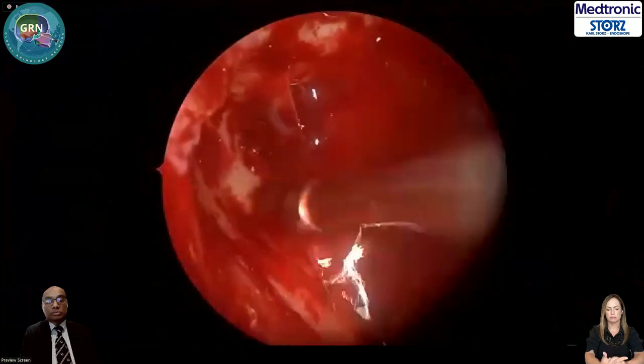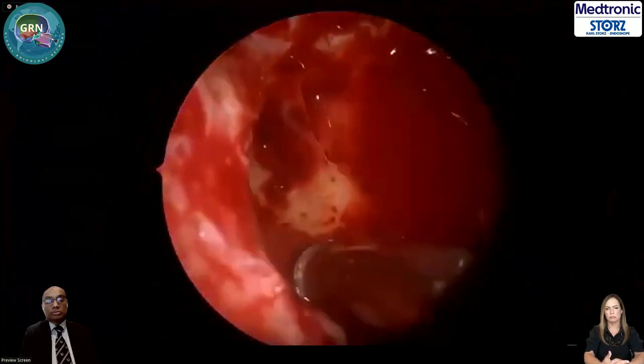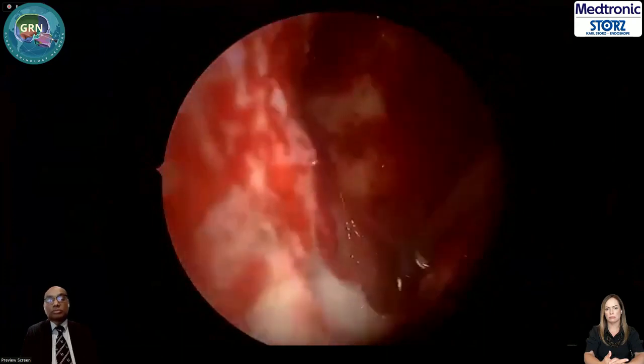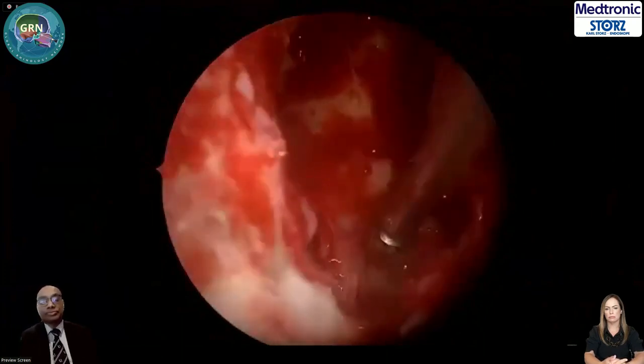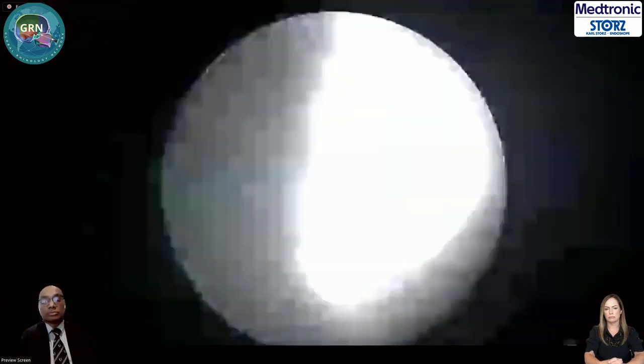This is all the anterior wall of the maxillary sinus. This is the floor of the maxillary sinus that is clean. I still have a 45-degree scope working.